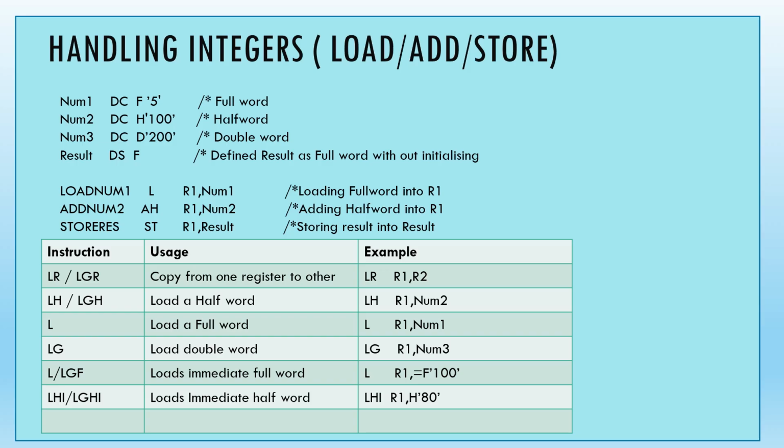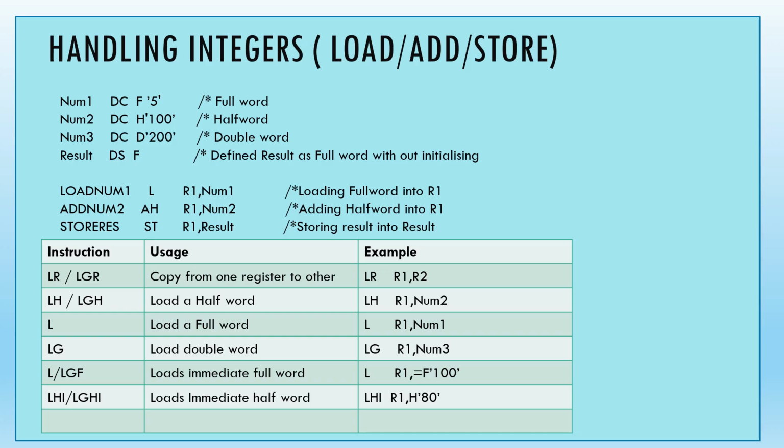We studied all that hierarchy. Then it became z/OS in the year 2000, and at that time the 64-bit architecture came. The double word is nothing but 8 bytes, 8 into 8, 64 bits. So wherever you are handling 64-bit variables, you have to use LG.